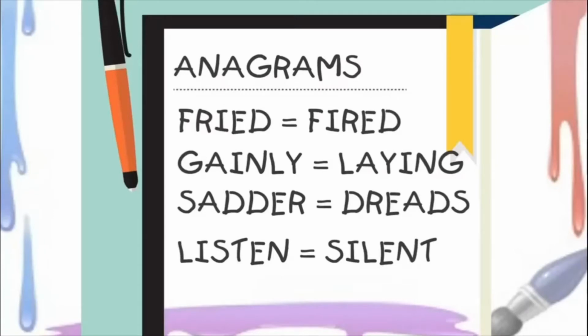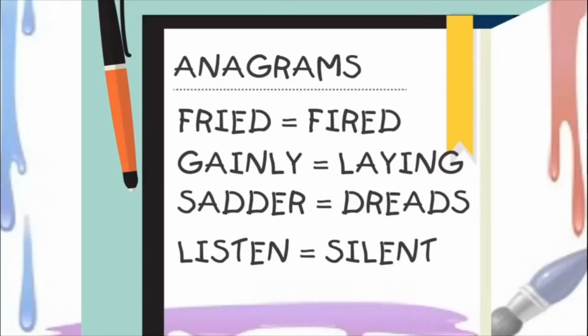So look at these examples of anagrams. You have F-R-I-E-D, fried, and the anagram of fried is F-I-R-E-D, fired. So let us see whether all the letters from fried appear in fired.